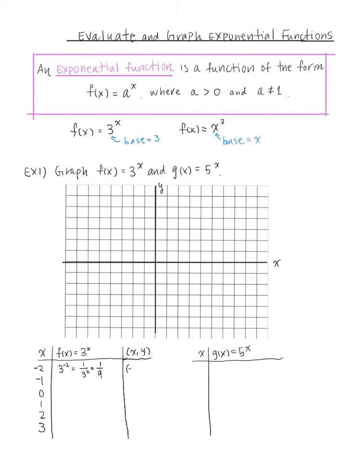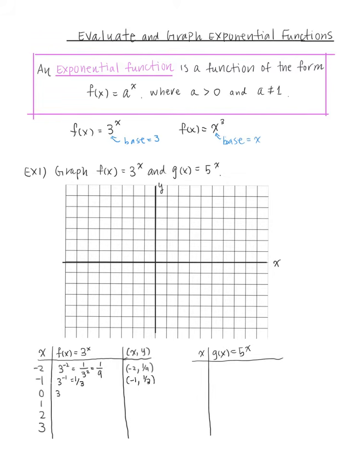So when x is -2, the corresponding y value is 1/9. When x equals -1, f of x is 3 to the -1, which is 1/3. As an ordered pair, that's -1 comma 1/3.